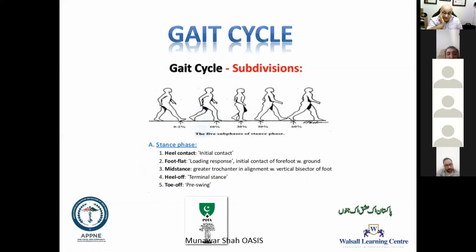That is called the loading response. Then the greater trochanter is vertical with the heel of the foot. That's the mid stance phase. Then the heel comes off, and then the toes come off.